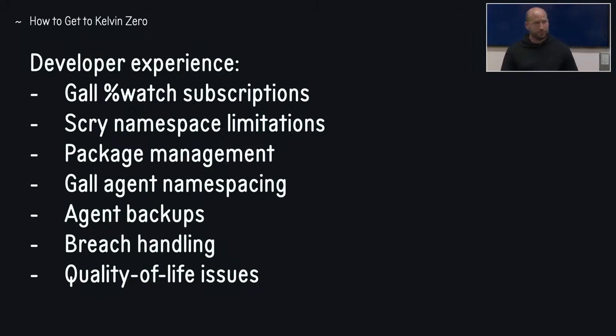Package management is missing. Right? There's just no solution for this. If I'm writing a Gall agent that I deploy to the network, and that Gall agent needs to communicate with several other Gall agents, it needs to import some libraries that other people wrote, it needs to import the sort of header files in Hoon that describe the data structures that I'll use to communicate with them.